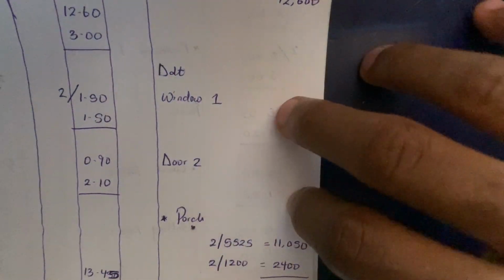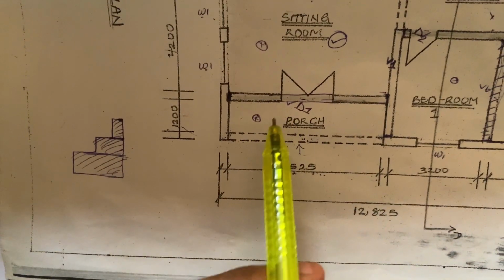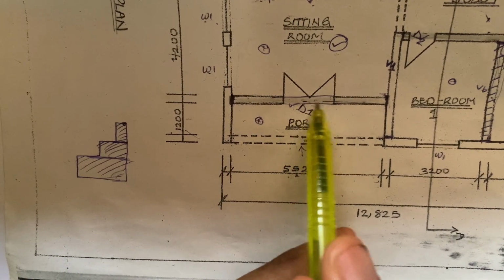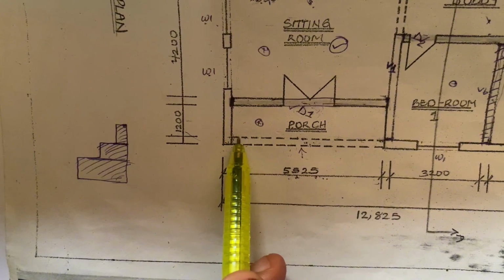Then we will now begin to deduct the openings. If you look at this porch area, what can we see? We can see there's a door 1 here, and then this opening at this side.